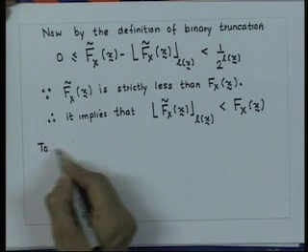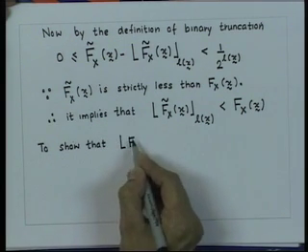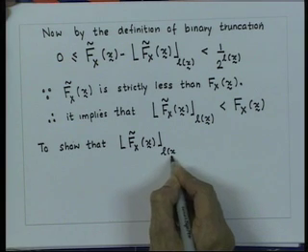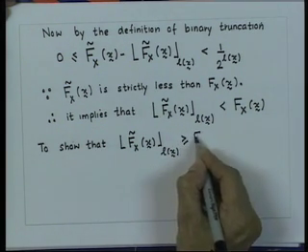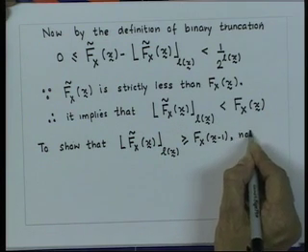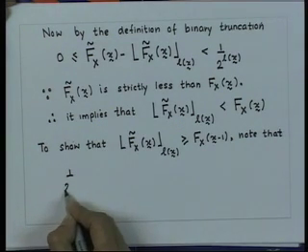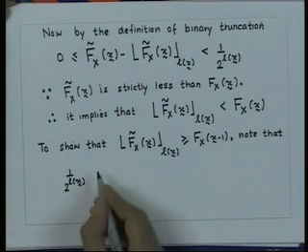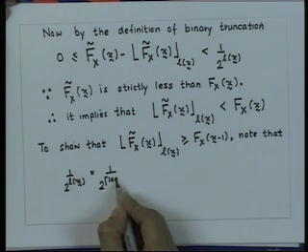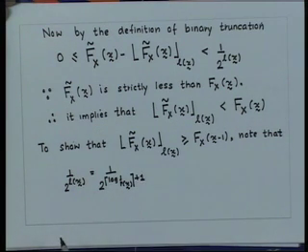Now, to show that the truncated version of F tilde is greater than or equal to F of x minus 1, note that 1 by 2 raised to L(x) is equal to 1 by 2 raised to the upper floor of log of 1 by P(x) plus 1.